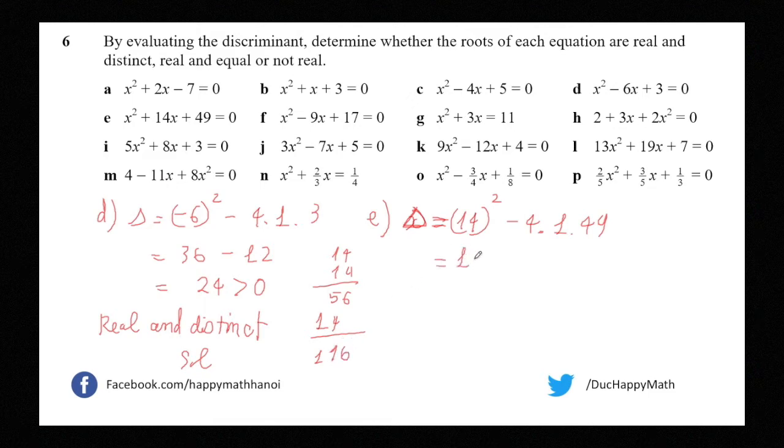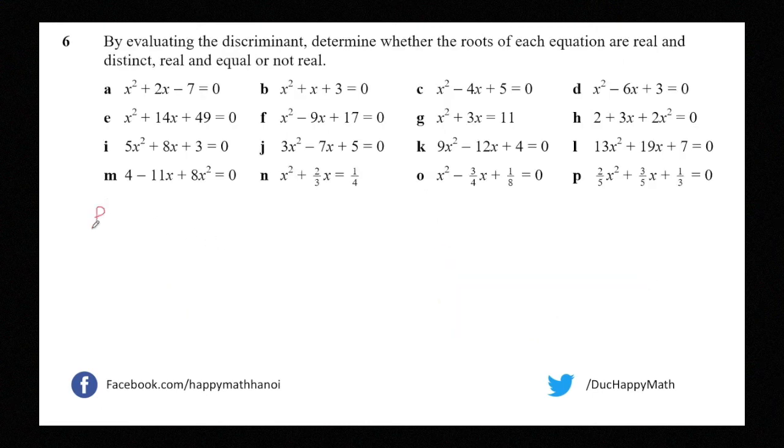So 196 minus 196. Remember 3. Okay, special case. The value of the delta is equal to 0. So you will have a real and equal solution, or repeated solution. Okay, this is question E.